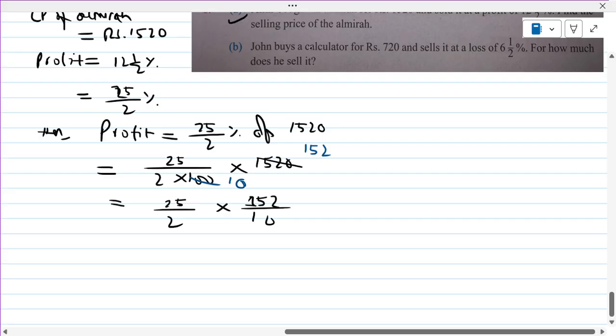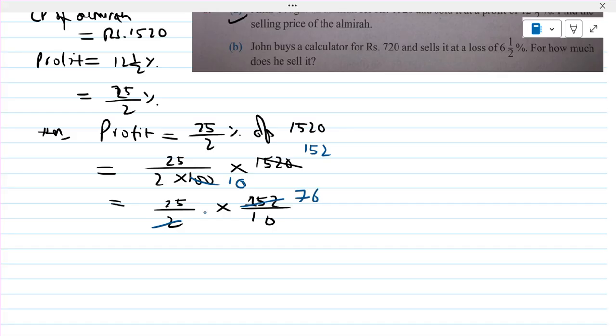I go cancel with 2 first. 2 ones are 2, and 2 sevens are 14, 2 sixes are 12, so 76. And now I will cancel 25 and 10. 5 fives are 25 and 5 twos are 10.